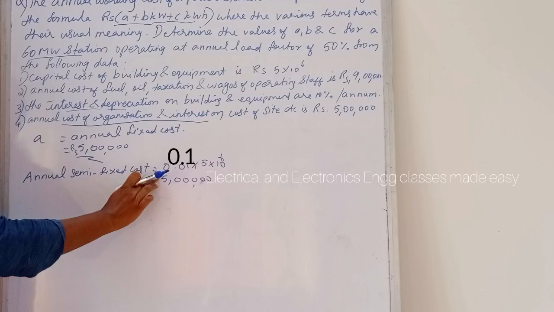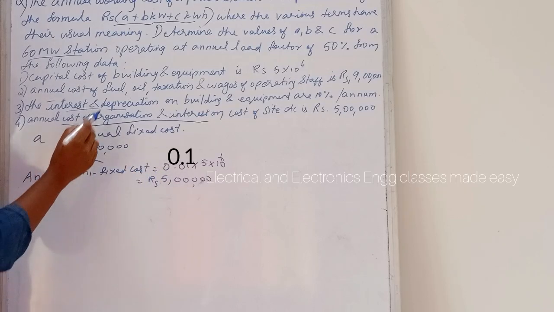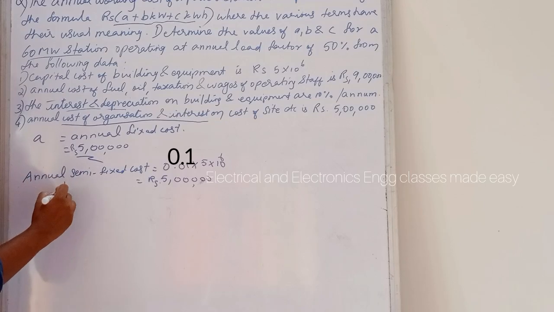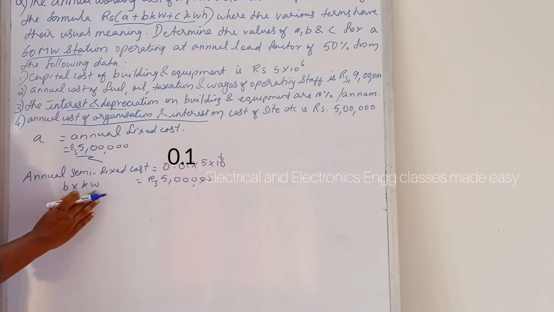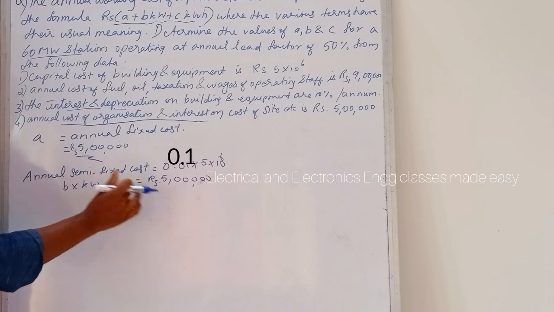This annual semi-fixed cost is equal to B into KW, where KW means the maximum demand. B times maximum demand is equal to the annual semi-fixed cost.